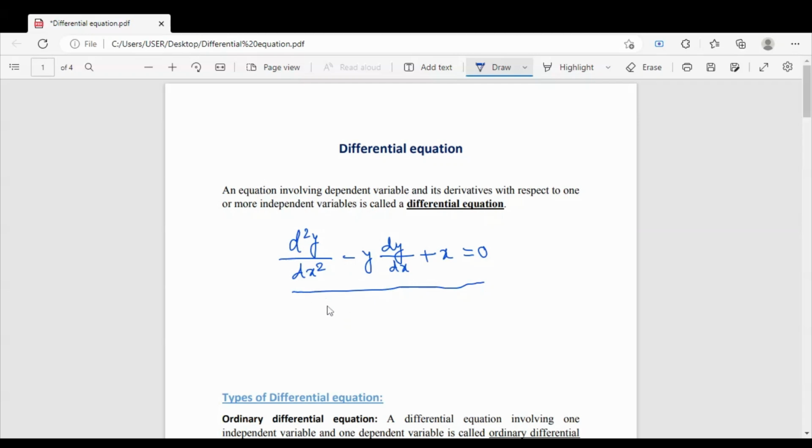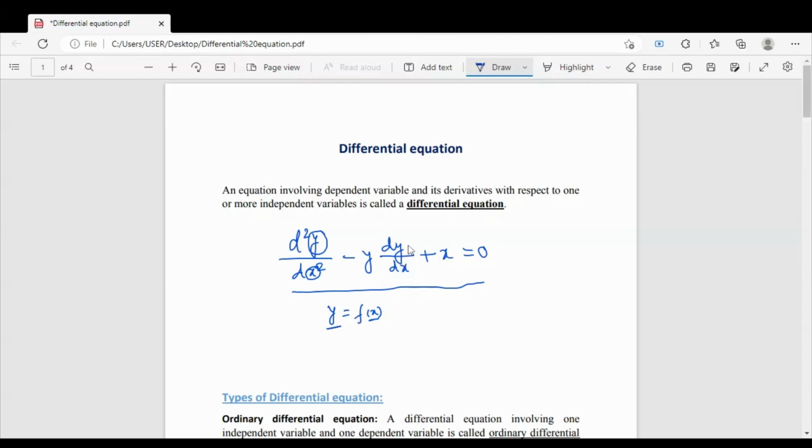Now, here two variables are there, one is y, another one is x. Here we know that y equal to f(x) is a function where x is the independent variable and y is the dependent variable.